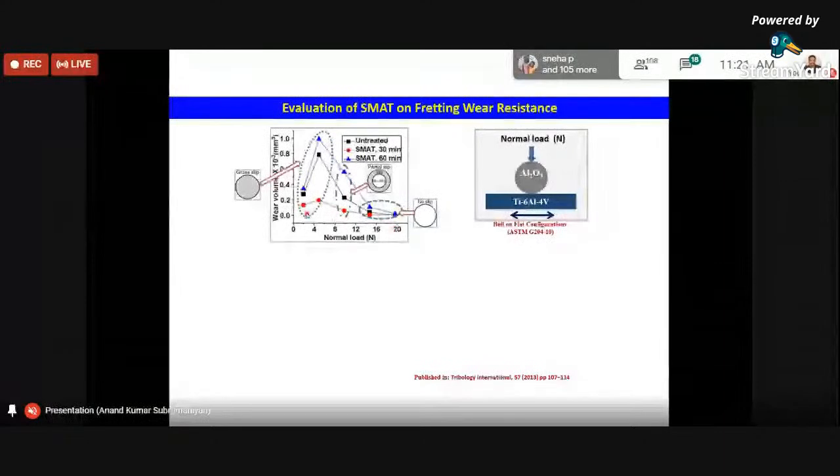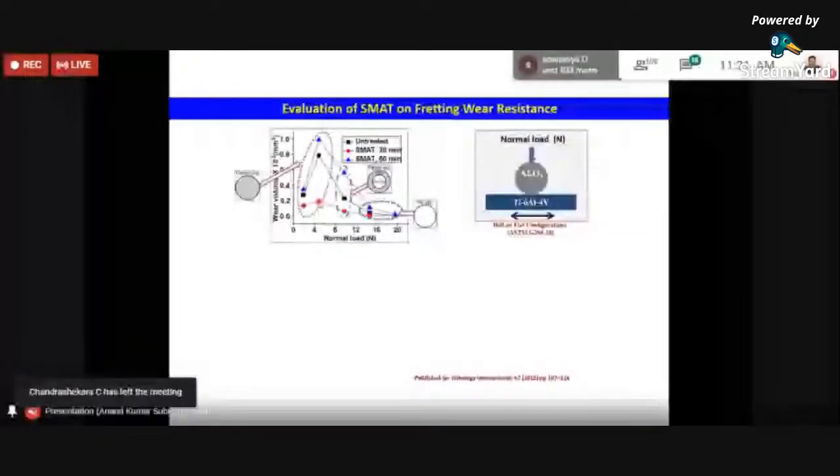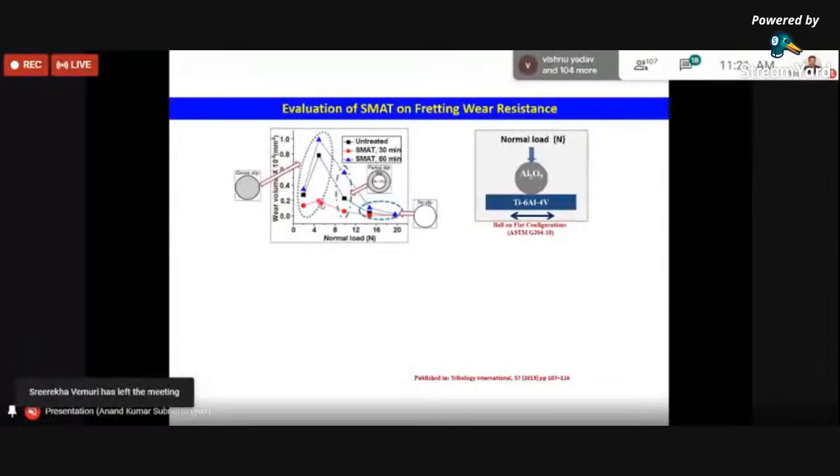And this is the typical characteristic. For example, the wear volume is going to increase till a certain value of normal load, and then it will start decreasing as we increase the normal load. This is the typical characteristic of a fretting wear situation.